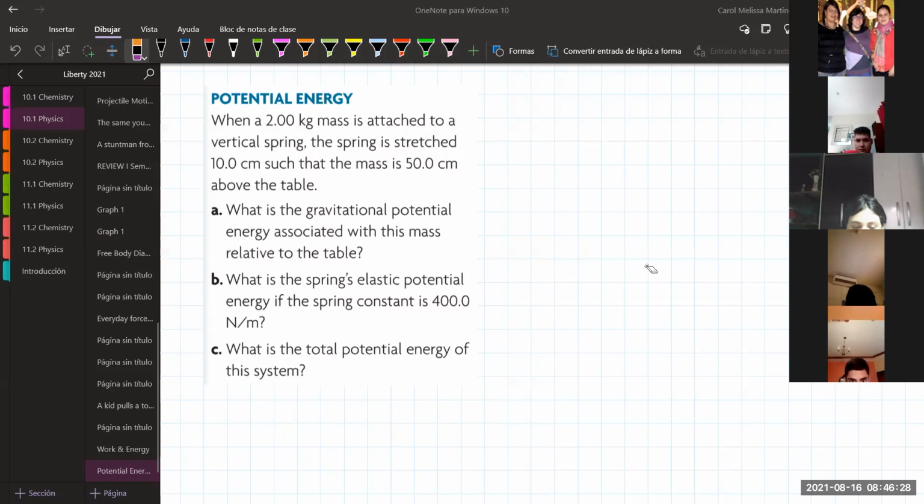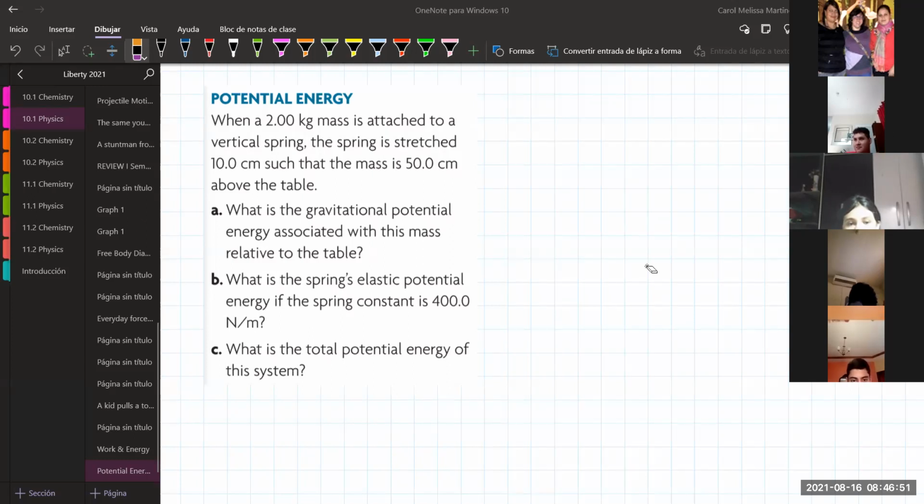A. What is the gravitational potential energy associated with this mass relative to the table? B. What is the spring's elastic potential energy if the spring constant is 400 newtons per meter? Yeah. And there is C. What is the total potential energy of this system?